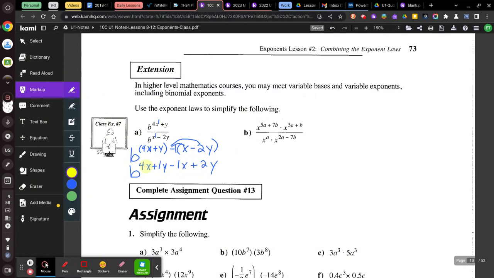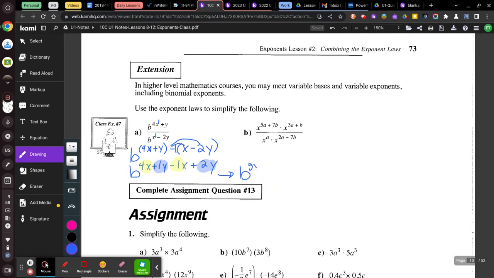So now I'm going to add my x's and I'm going to add my y's. So my final answer is going to give me b with a 3x and a positive 3y. 3x plus 3y. And that'll be my final answer.